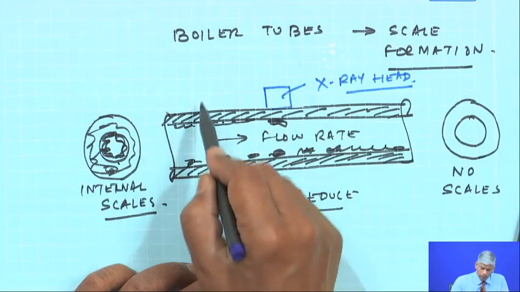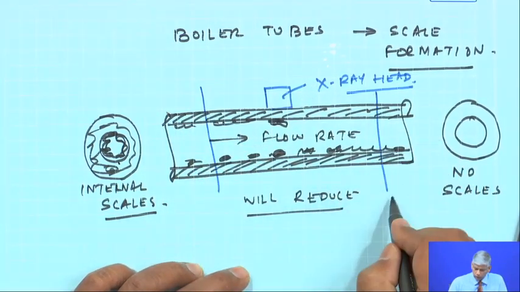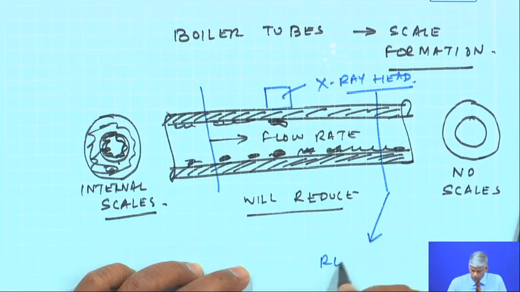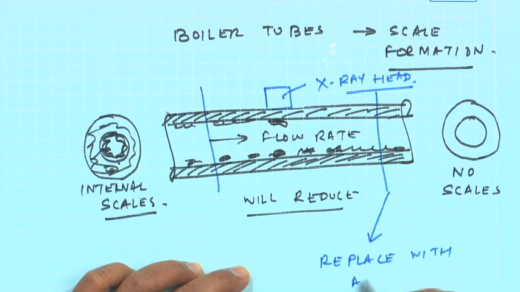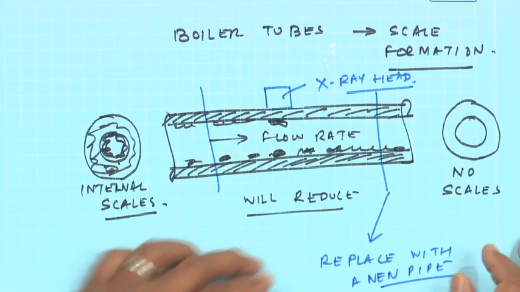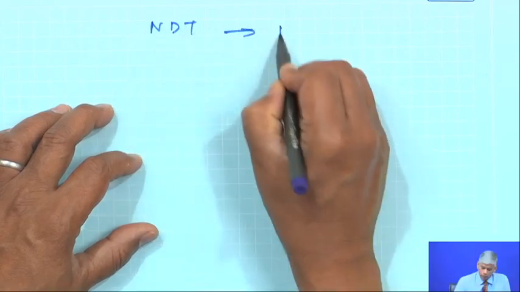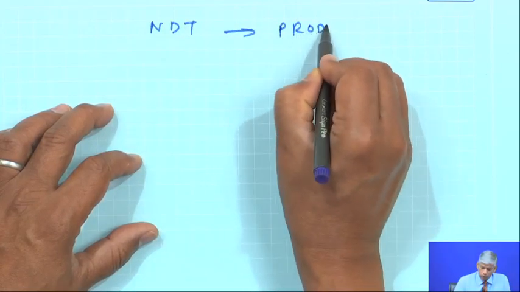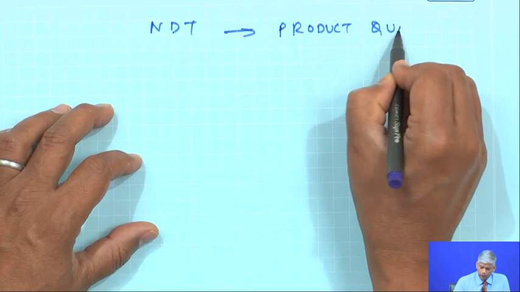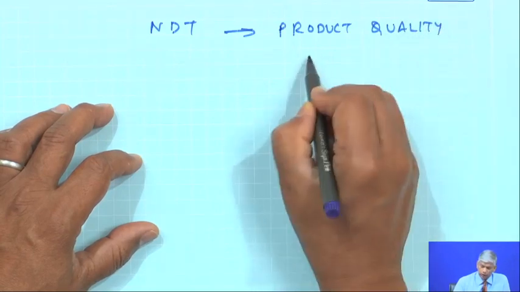So, then it is a time maybe to cut this pipe out and replace with a new pipe. So, there are a lot of engineering applications of NDT techniques for product quality assessment.